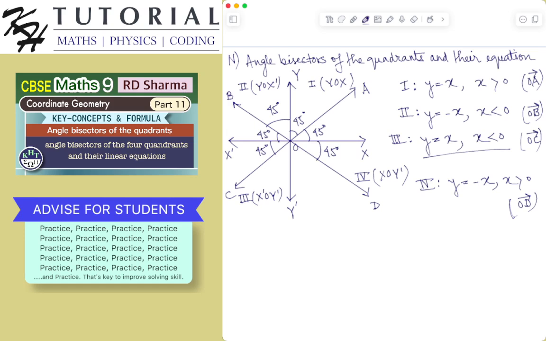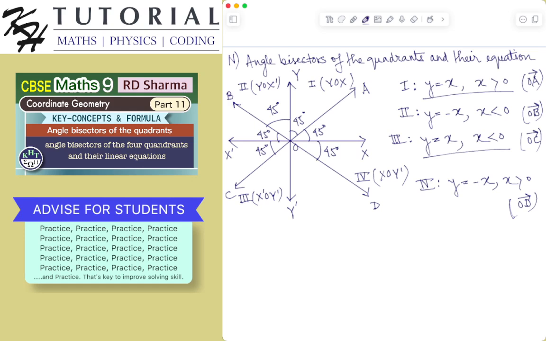So the equation of the angle bisector of the first quadrant is y equals to x, but x is greater than 0. That is, we will consider only the positive value of x. This equation means that all points lying on this line y equals to x will have abscissa greater than 0.